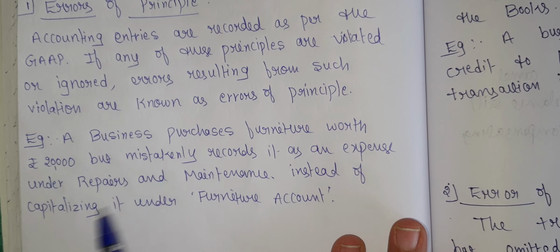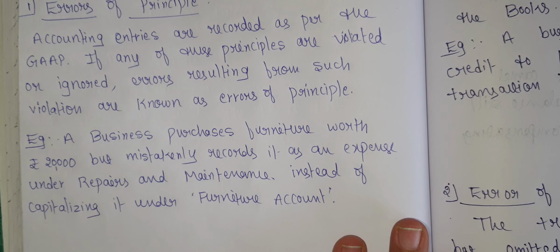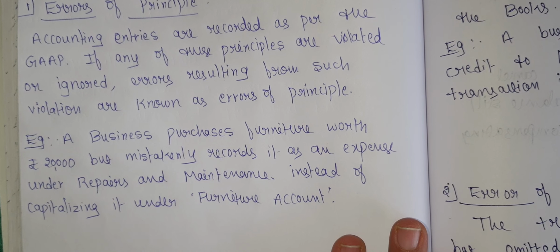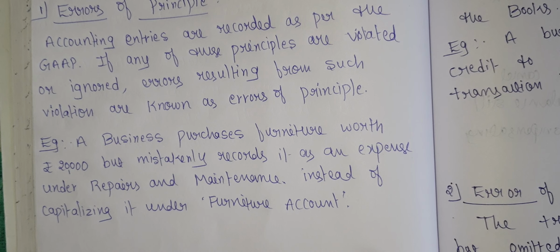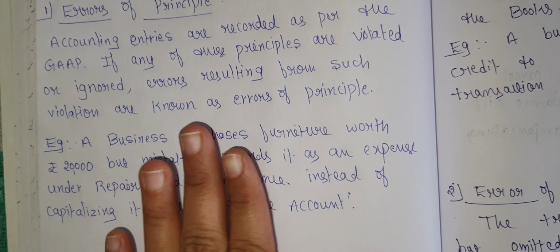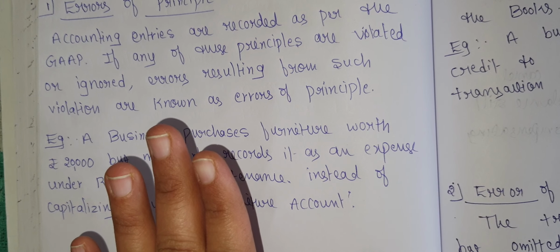Instead of capitalizing it under the furniture account, we have to record it as a furniture account because it is an asset. So here the furniture purchase is wrongly recorded as an expense.